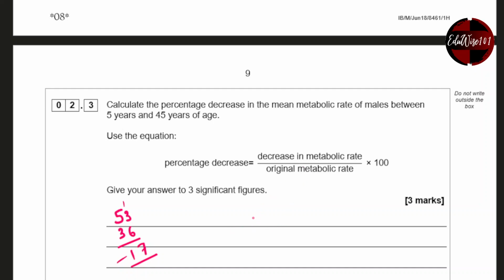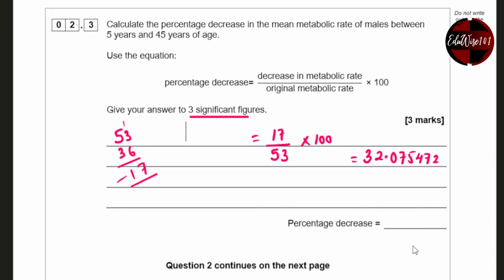So the decrease in metabolic rate is 17. Original metabolic rate is 53. Multiply that by 100, and that would give me 32.075472. But they want it in 3 significant figures. So the answer is going to be 32.1.